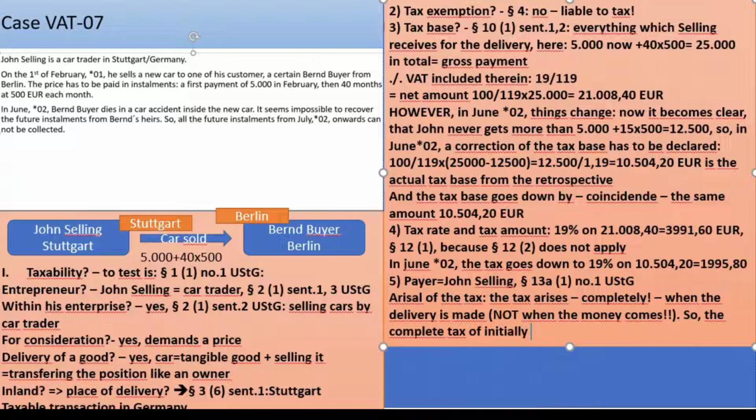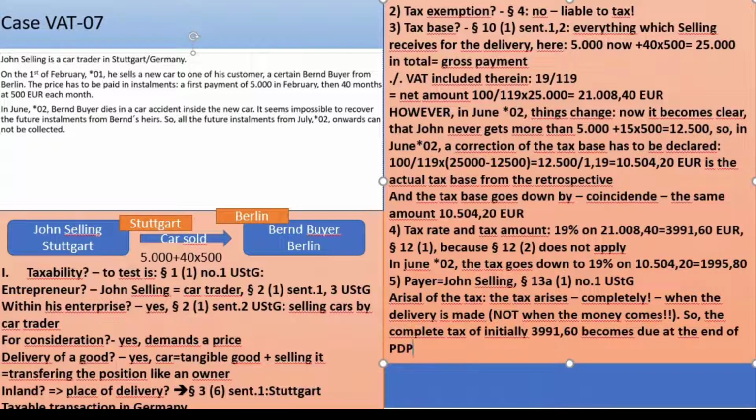The initial tax was 39960, becomes due at the end of the preliminary declaration period, February 01. See paragraph 13, 1, letter A.